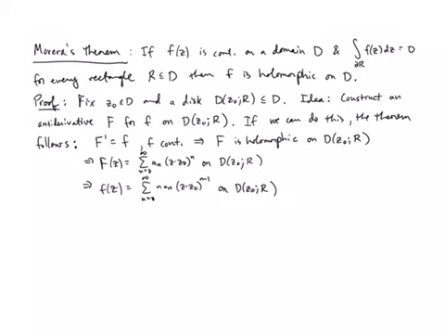Right, so then F, more than being holomorphic, well, of course, we know holomorphic implies power series. We see directly that F has a power series expansion. So this implies F is infinitely differentiable. In particular, f is holomorphic.